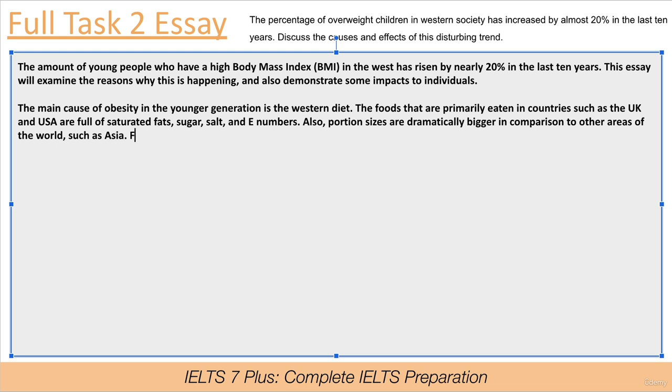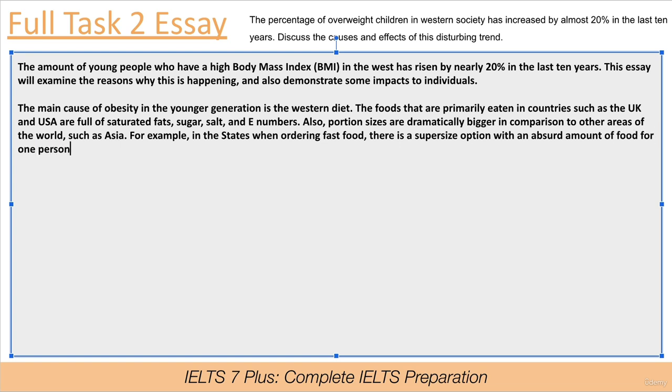For example, in the States, when ordering fast food, there is a supersize option with an absurd amount of food for one person.